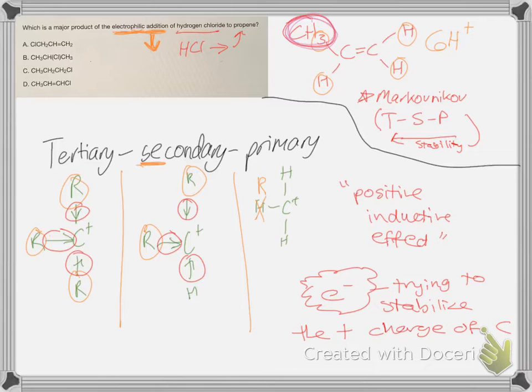So the R groups tend to push the electrons, these arrows, towards the carbon atom which they are attached to, and this results in a tendency of stabilizing the positive charge on the carbocation right here, as I just drew.